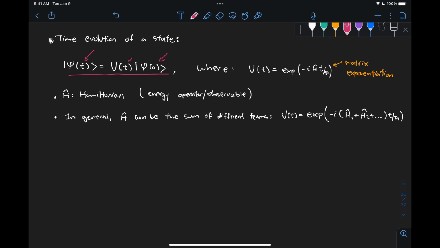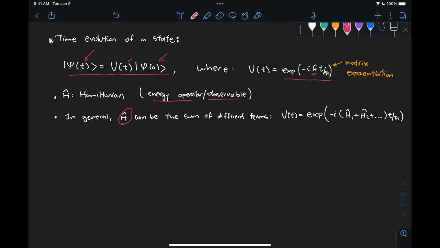And that unitary is given by this expression. It's the exponential of some Hamiltonian, and the Hamiltonian is the energy operator or observable for a given system. And then we know that in general, this Hamiltonian H can be the sum of different terms.